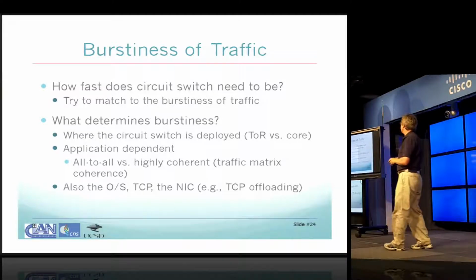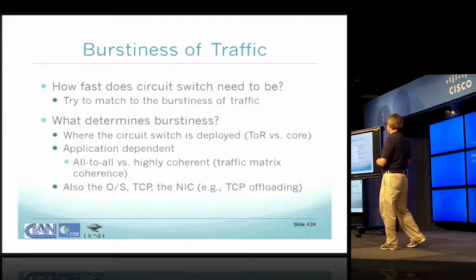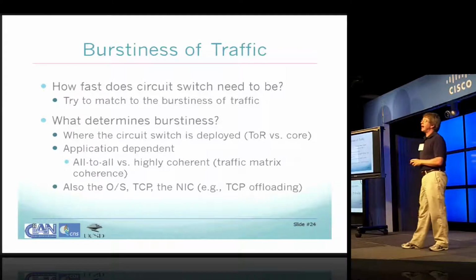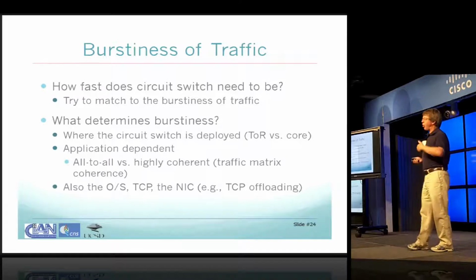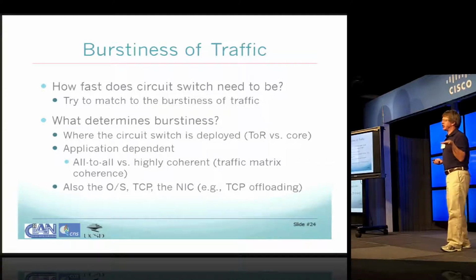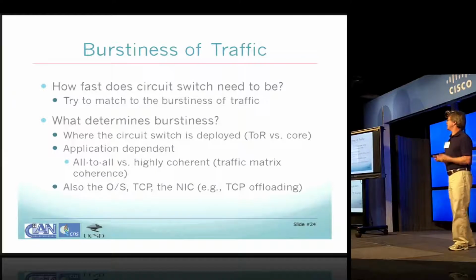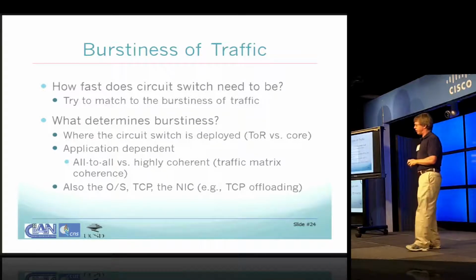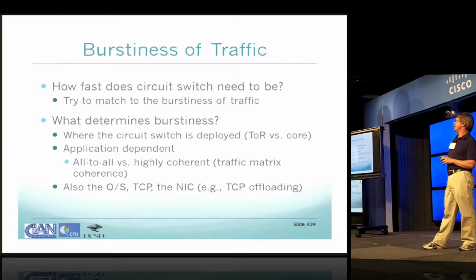What determines the burstiness? Obviously, where the circuit switch is deployed. In other words, if I'm deploying an optical circuit switch way up in the aggregation of the core, that traffic is sufficiently smooth that I only need to make decisions on routing maybe on a second time scale. If you recall Amin's talk yesterday on the B4 network from Google, their control plane, at least what he said yesterday, is running on about a minute time scale.